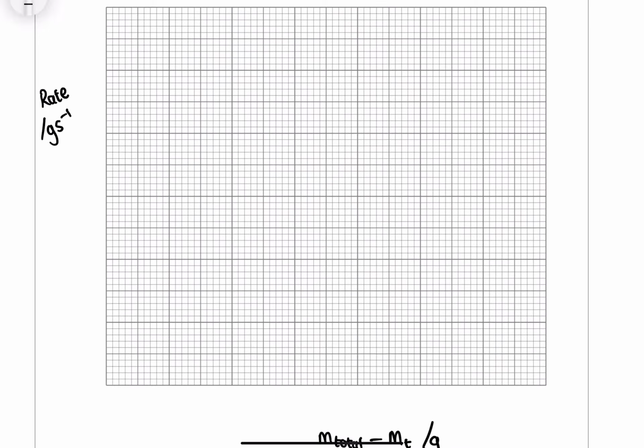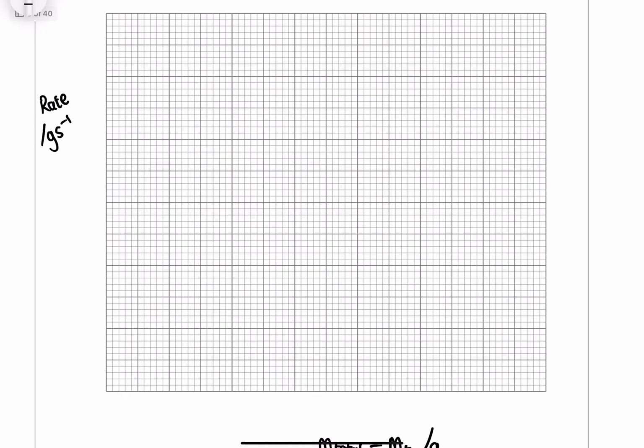So it would make sense to go up in 2s times 10 to the minus 4. Let's put the times 10 to the minus 4 up here. So we go 2, 4, 6, 8, 10, 12, 14, 16, 18, 20, 22, 24. That will allow us to plot all the numbers up to 23 times 10 to the minus 4.